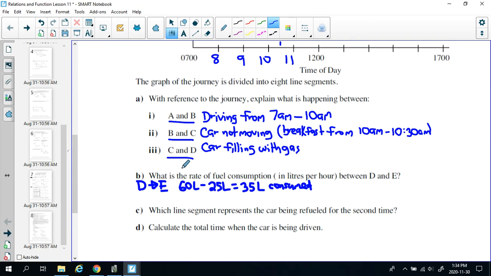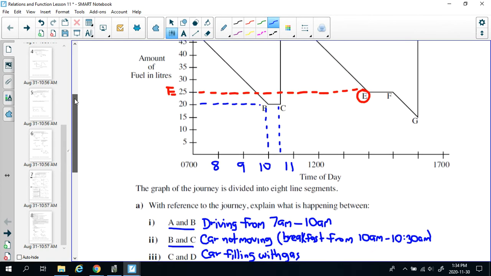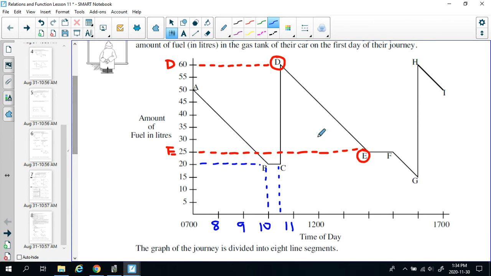When you see the word rate, it means a specific quantity over a certain amount of time. I'm going from D to E here. D was at 10:30 a.m., and then 12 o'clock, 1 o'clock, 2 o'clock.